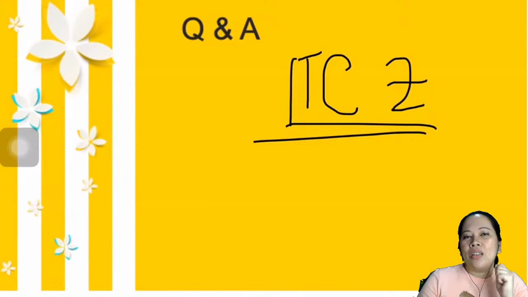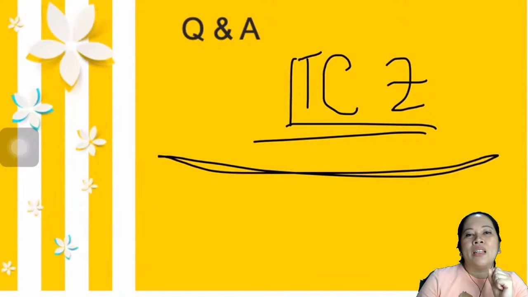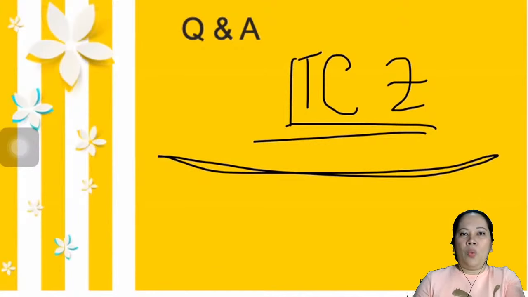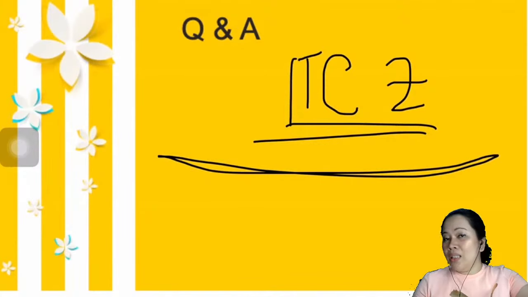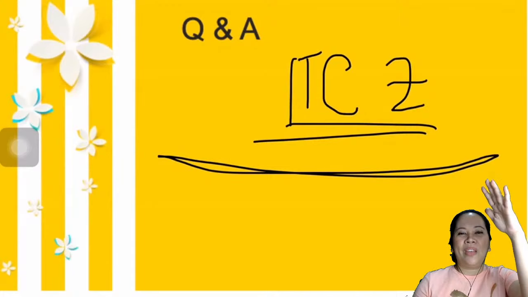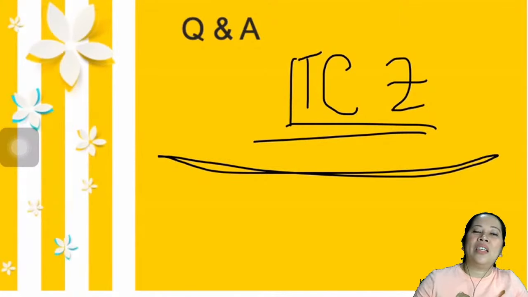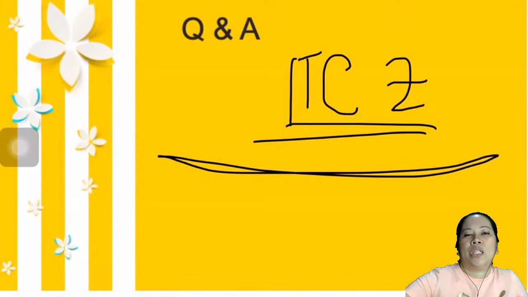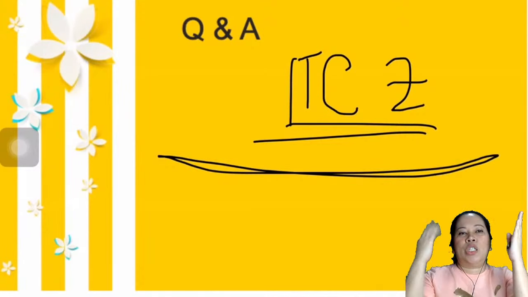The Intertropical Convergence Zone is located around your equator. It is the area where your trade winds, remember your trade winds from your northern hemisphere and your southern, converge. Okay, so they will converge.